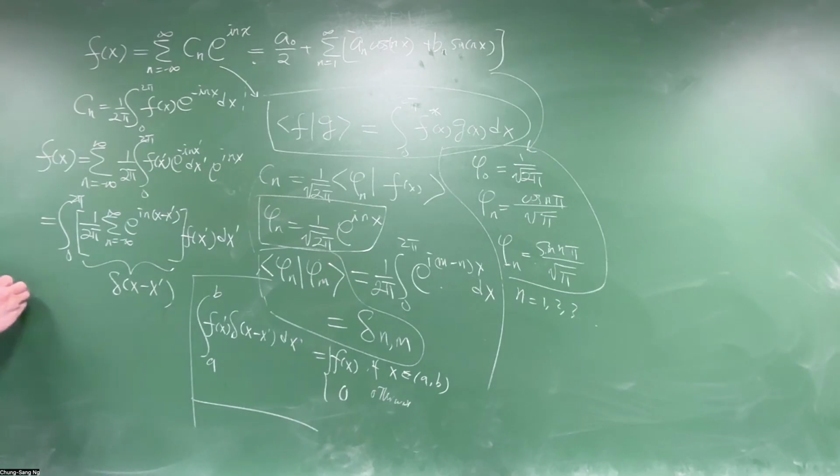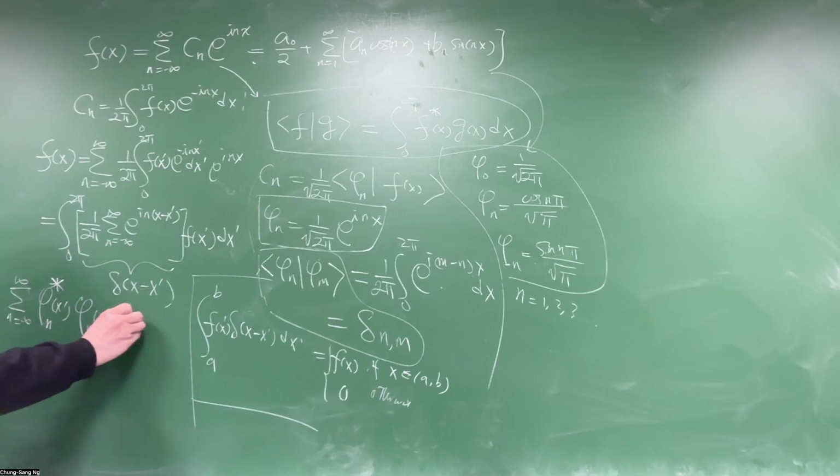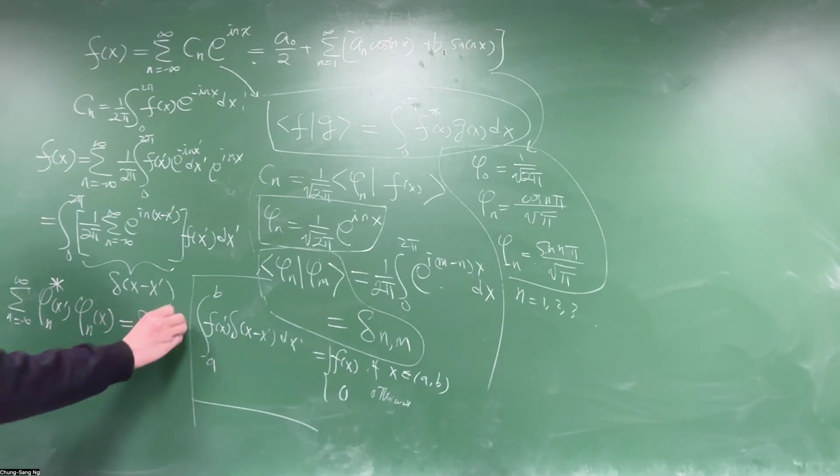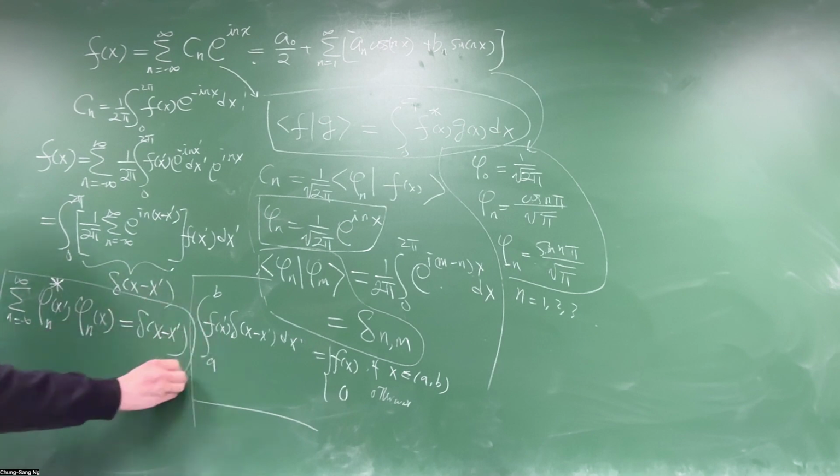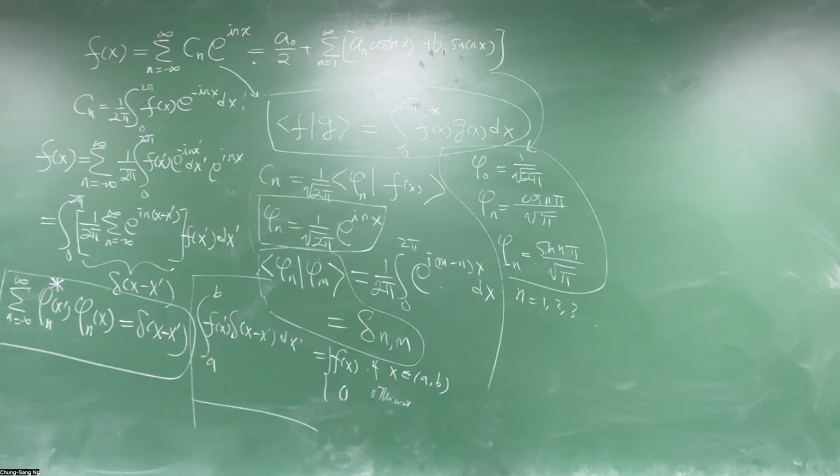It is basically the sum from n equals minus infinity to infinity of phi n of x times the complex conjugate of phi n of x prime, equals the delta function.